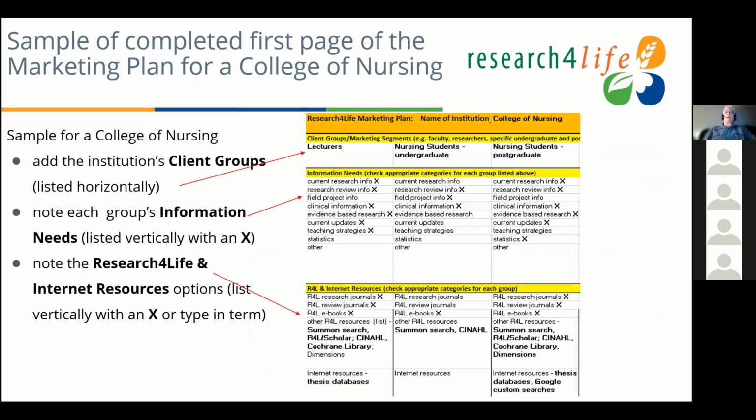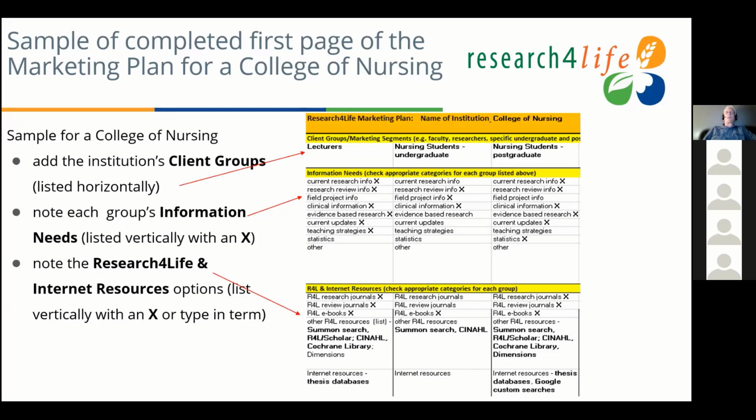And what we did is we put in 3 different groups, and then these will be your drop-down menus that come up, and we click put in X next to current research lecturers. They need current research information. They need review information. They need clinical information, especially in health, evidence-based research.